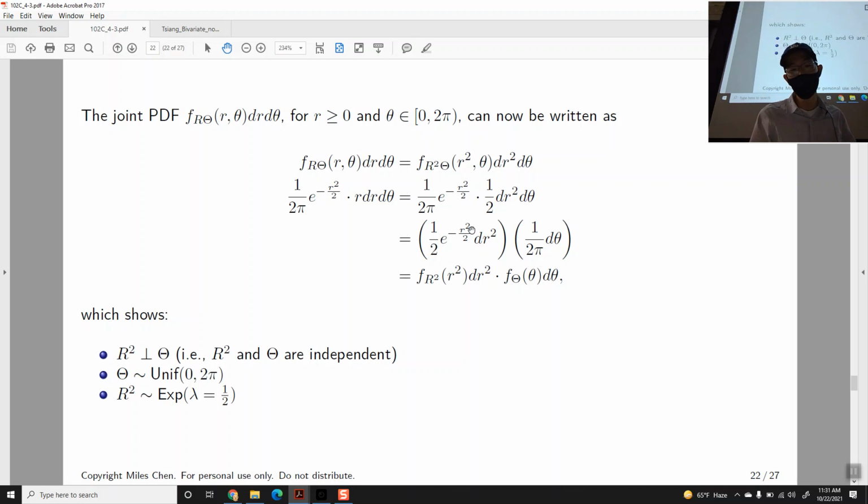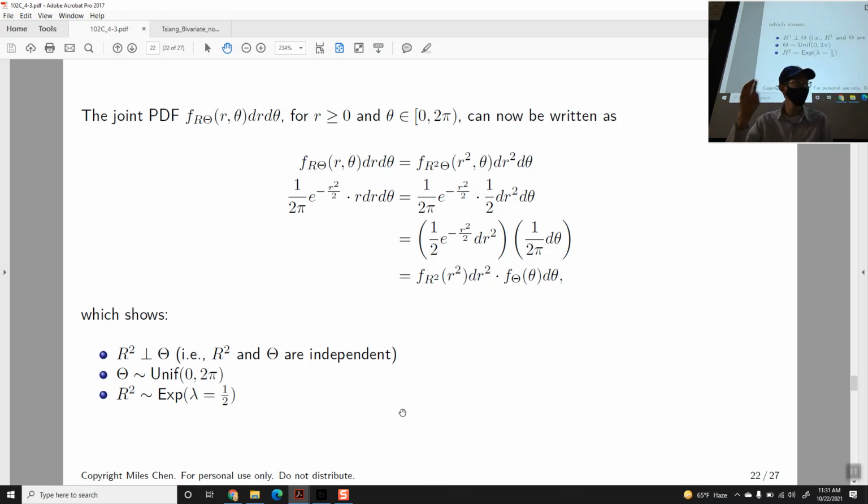But we're saying y is the value r squared, and so the random variable r squared comes from the exponential distribution with rate parameter lambda equals 1/2. And because we factored this into a product of two PDFs, the variables r squared and theta are independent of each other. It's a lot of steps, all right?